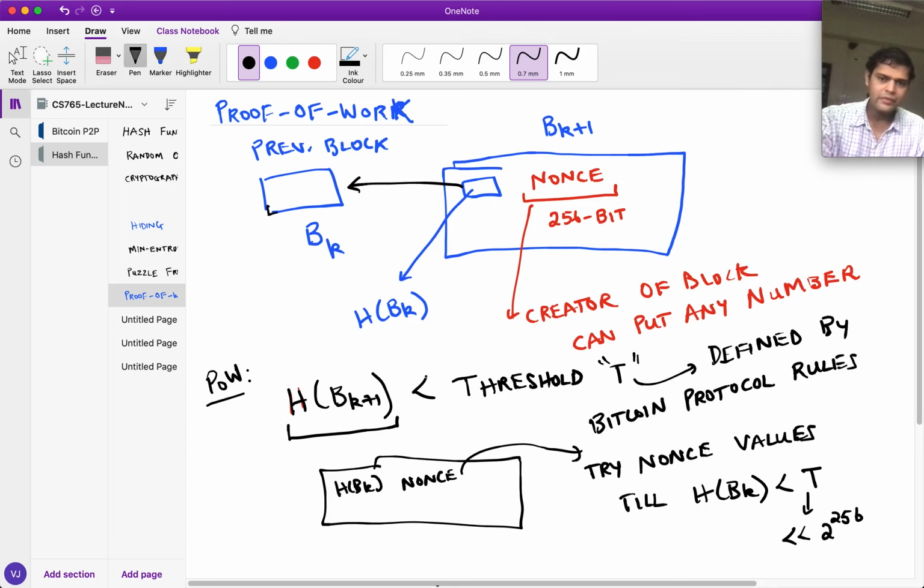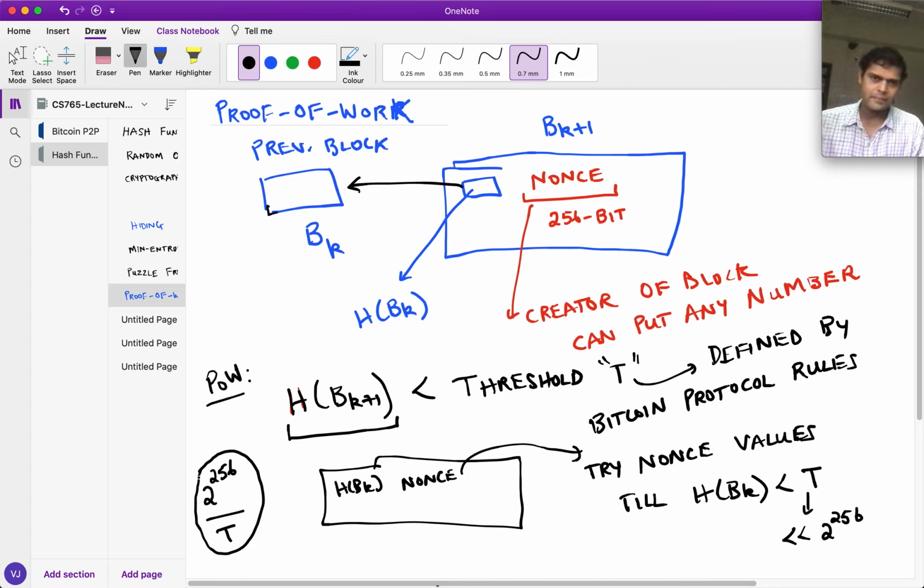So in the network you would expect people to try 2 to the power of 256 divided by the threshold number of times in order to succeed in this puzzle. Okay, so since t is much smaller than 2 to the power of 256, people would have had to try a huge number of times, maybe trillions and trillions of times, in order to actually find a valid block.